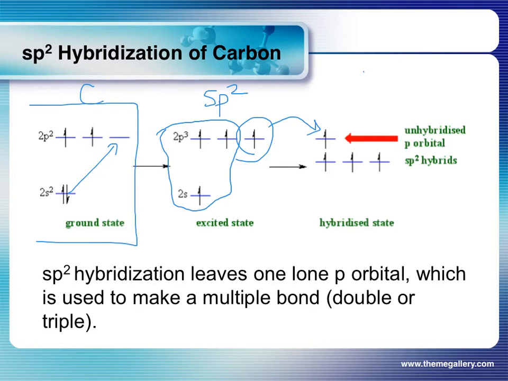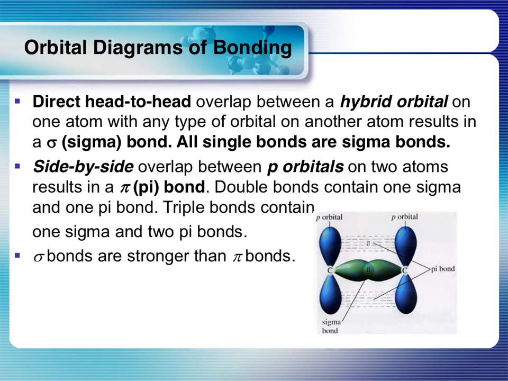A pi bond is used to make a double or a triple bond. All right, so here's the definition of the two types of bonds. If you have direct head-to-head overlap of two orbitals, like we have right here, right in between two atoms, that is called a sigma bond. Those are the strongest type of bonds.